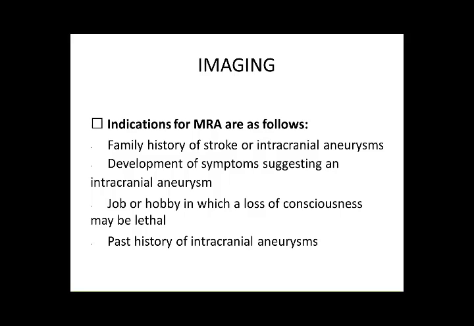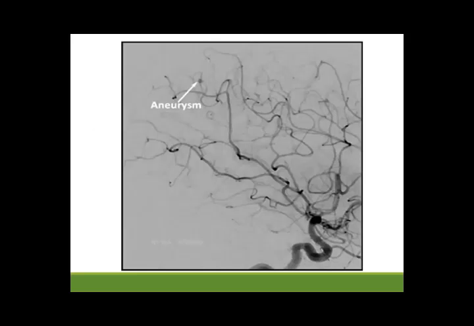This is not so important, but MRA is always suggested if a patient has a family history of stroke, an adult patient with stroke, or a patient with polycystic kidney disease. So we go for MRA of brain circulation, which may show many aneurysms. This is a dramatic picture of a patient with intracerebral MRA imaging showing multiple aneurysms, as shown by this arrow.